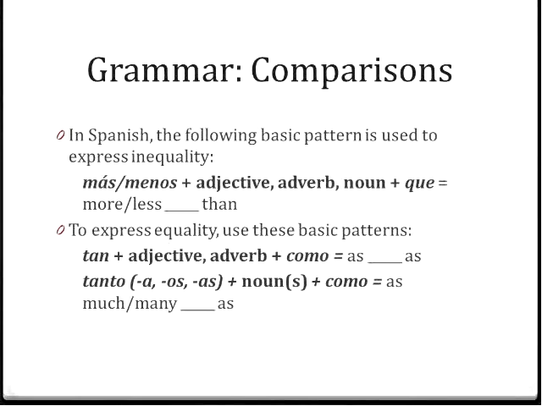Our second one is what you're going to use when referring to two items being equal to each other. Tan, then the adjective, adverb, and then como. Tanto plus noun and como. The same thing as much and many as. You have this on your sheet, so you don't have to write it down.